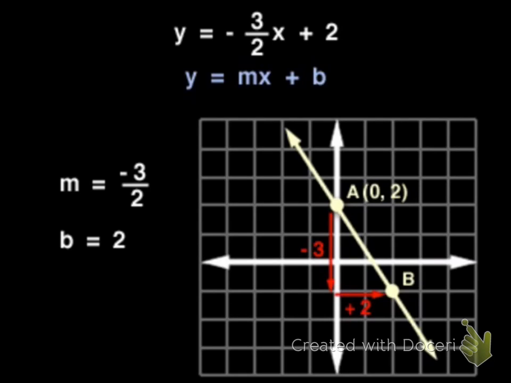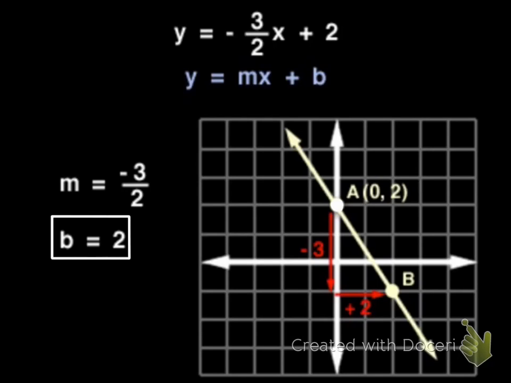So we have our m equals negative 3 halves and our b equals positive 2. So let me show you that. Right here, I plot b on the y-axis, up 2.